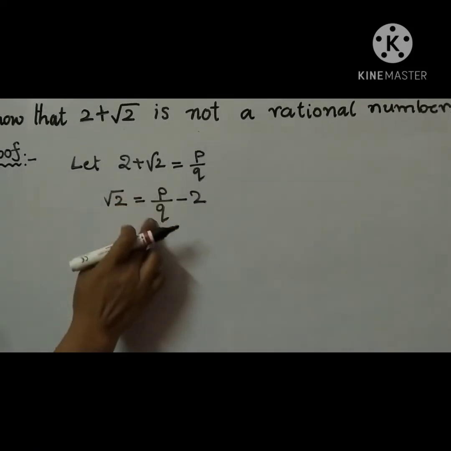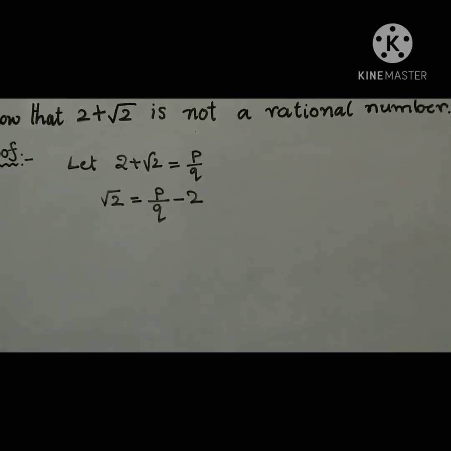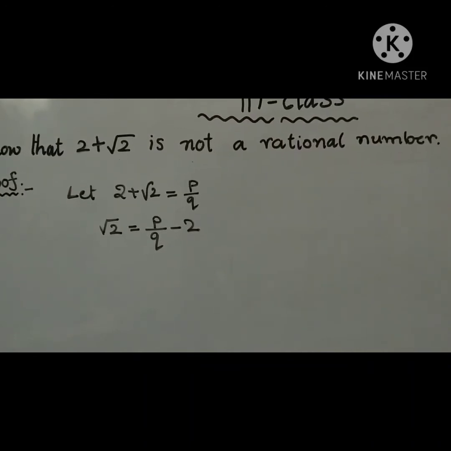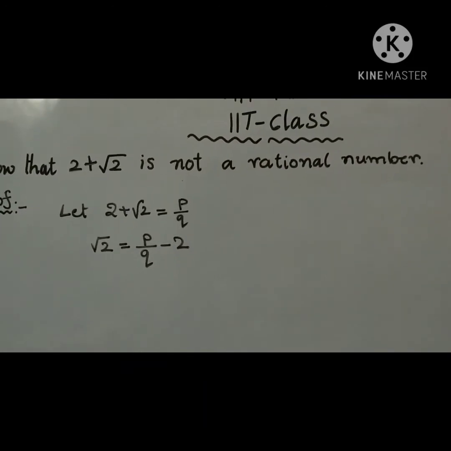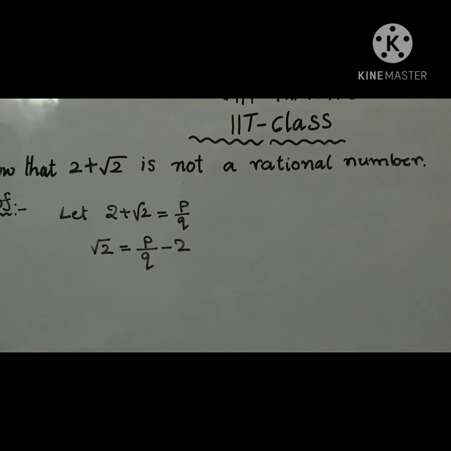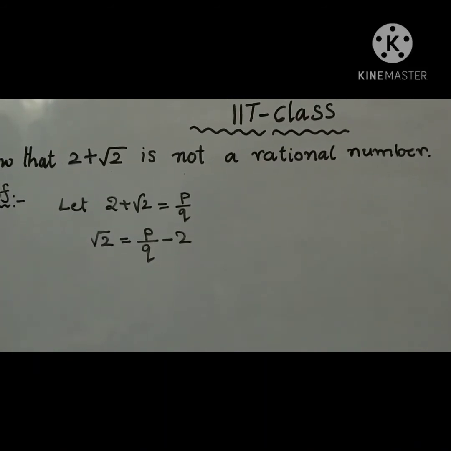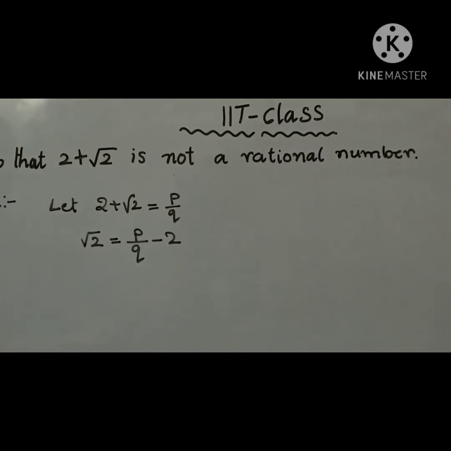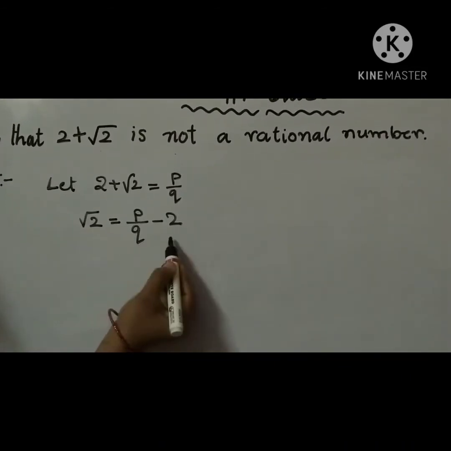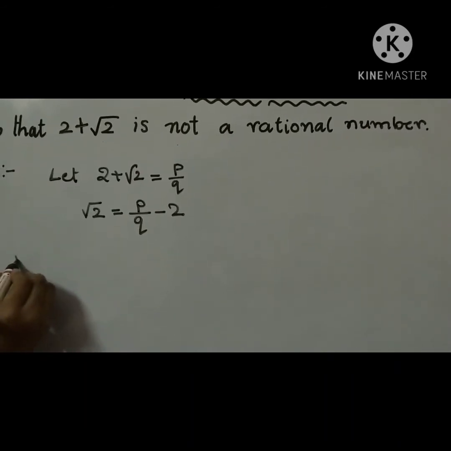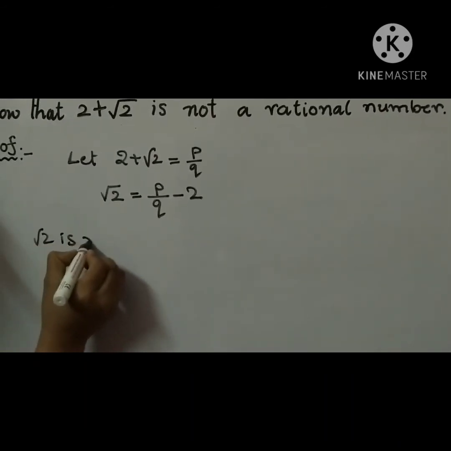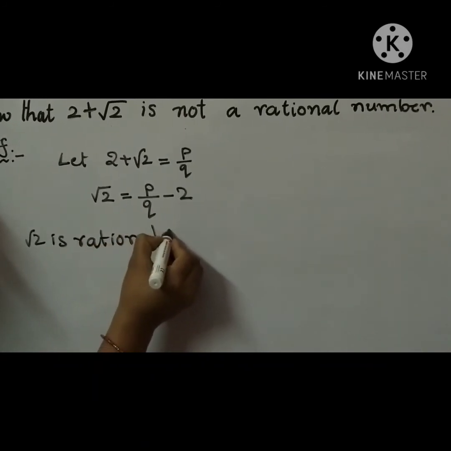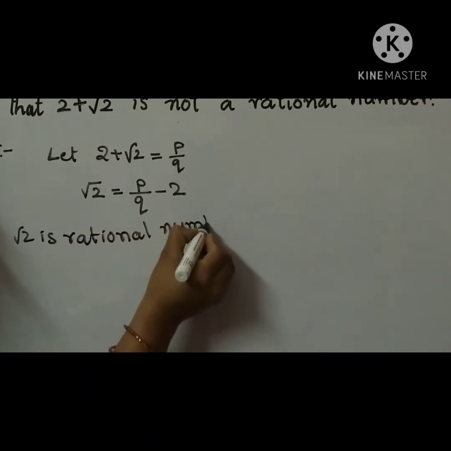Did you understand, children? Root 2 equal to p by q minus 2. So here p and q are integers. Therefore, p by q minus 2 is a rational number, as the set of rational numbers is closed with respect to the operation of subtraction. So root 2 is a rational number.